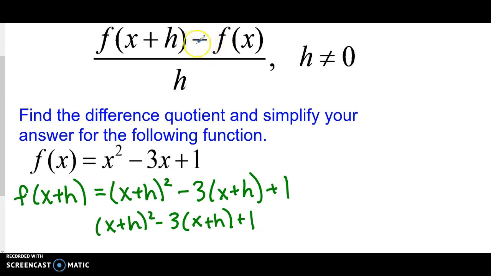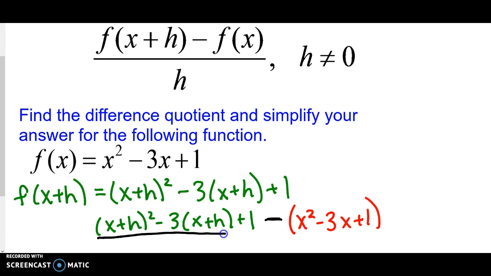And now notice it says minus f of x. So we need to subtract the quantity of f of x, which is right here. It's given in the problem itself. All over h. So I'm going to put this all over h.